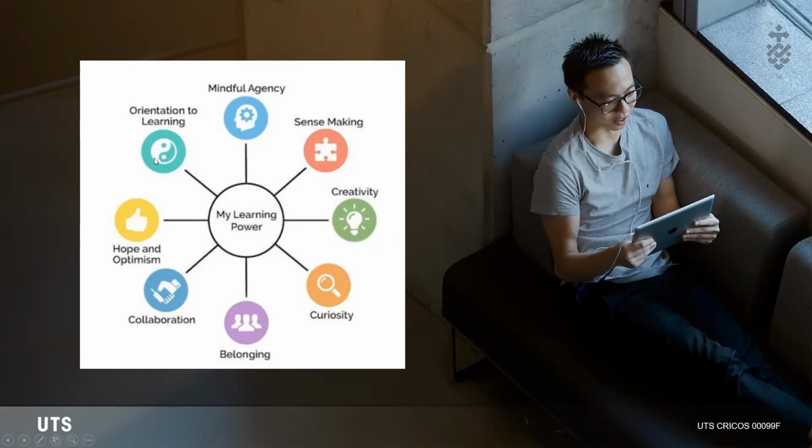the last aspect there is orientation to learning. And that's almost a spectrum. On one end, we've got people who are really risk averse, and I have absolutely no faith in my own judgment.